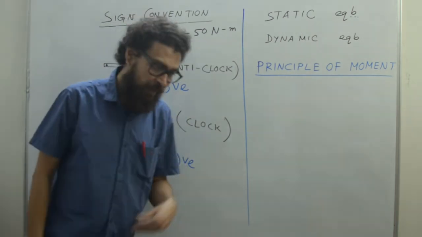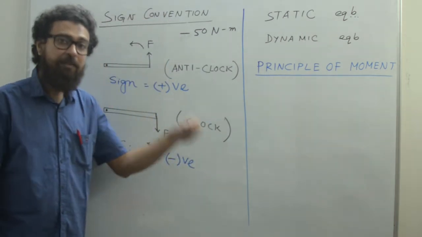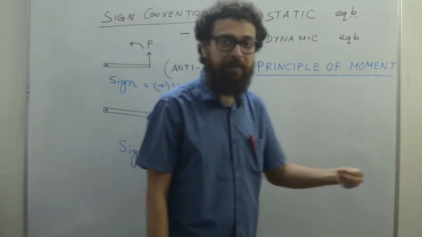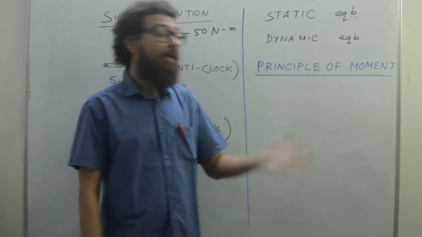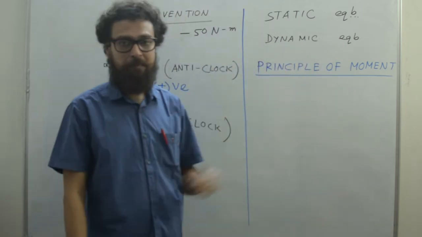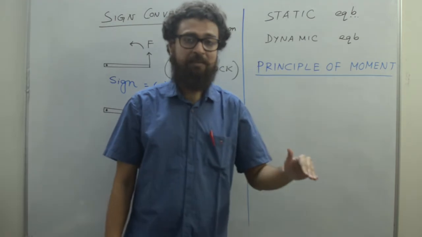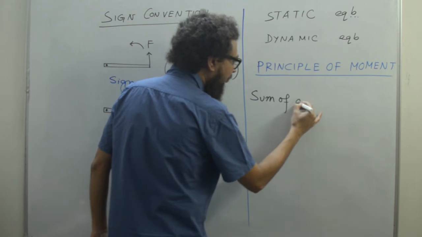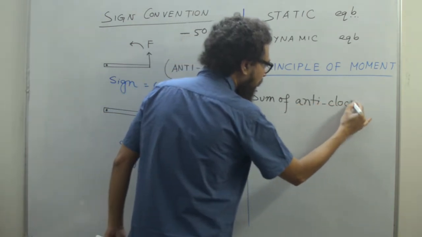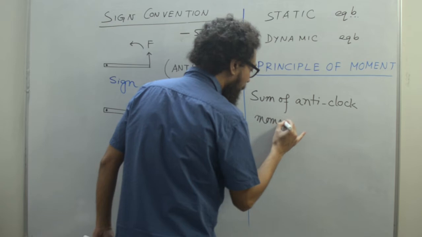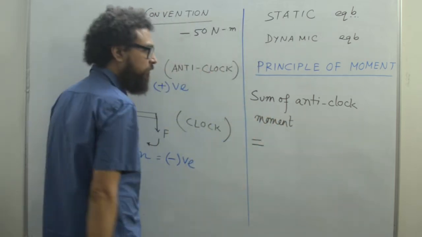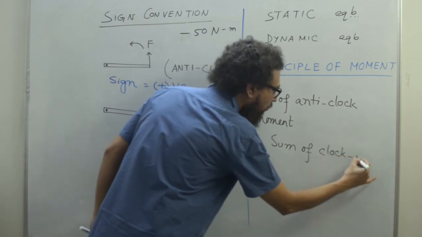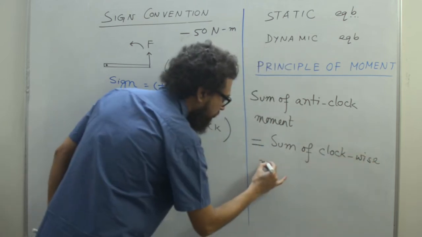We can write like this: under the concept of equilibrium of extended bodies, principle of moment says that the sum of anti-clockwise moments should be equal to the sum of clockwise moments.